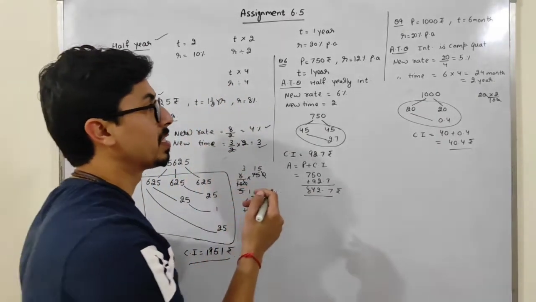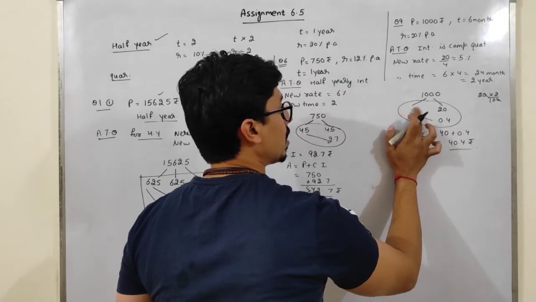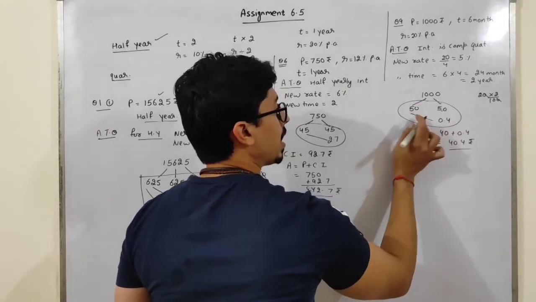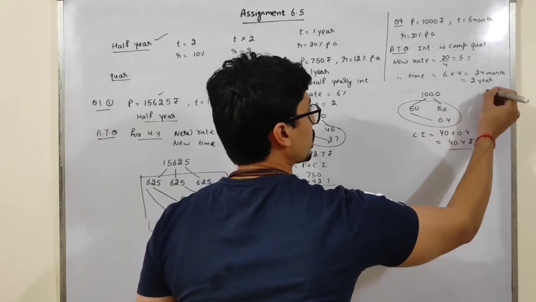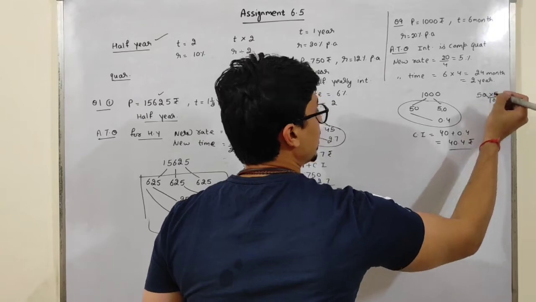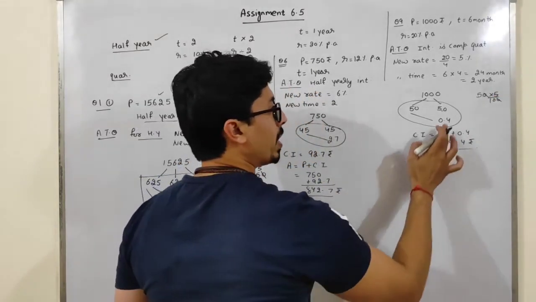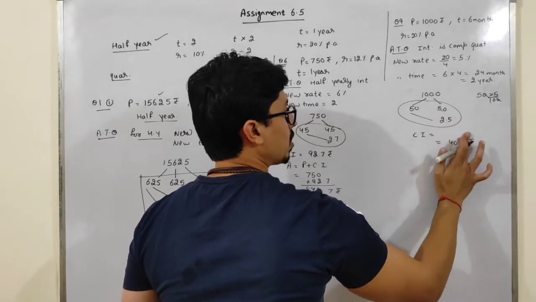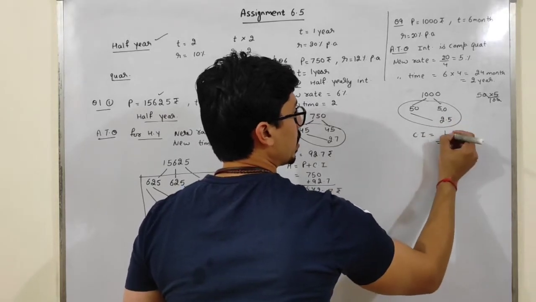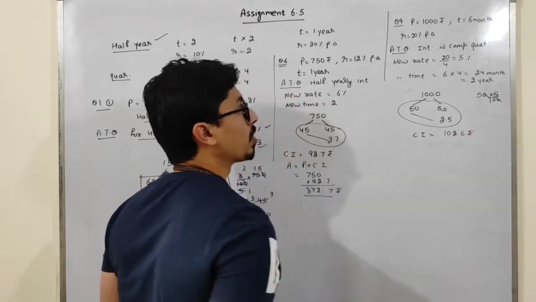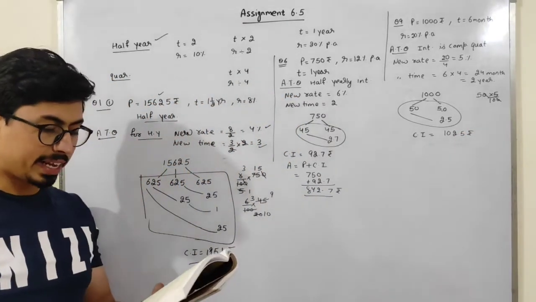So 5% is 50. If I take 5% now, it will be how much? 2.5. So the answer will be 102.5 rupees. Okay, students. So this is my question number 9.